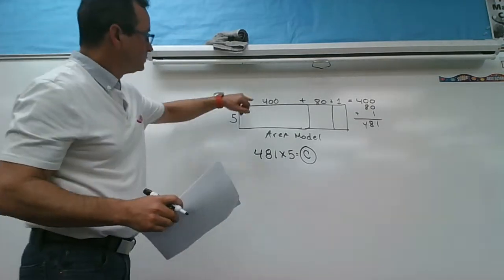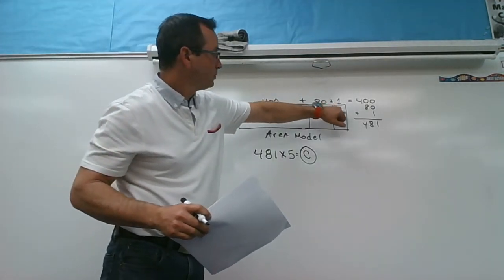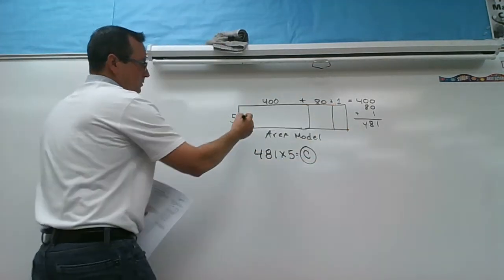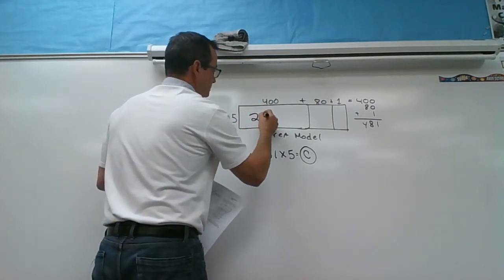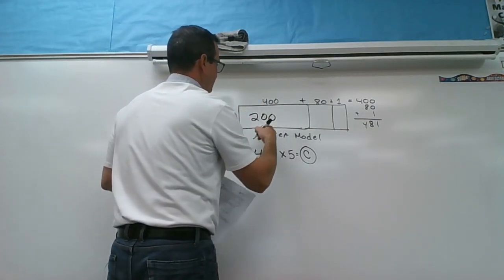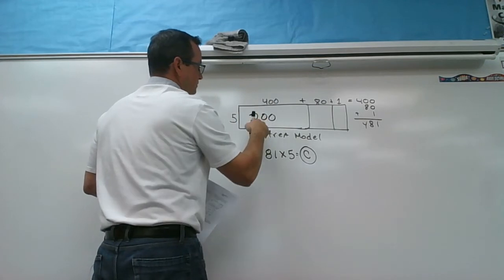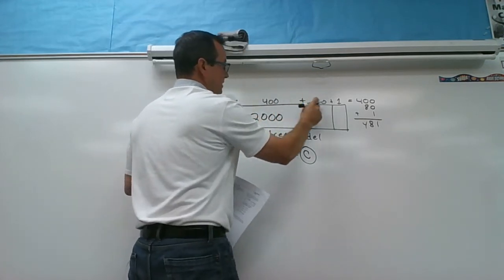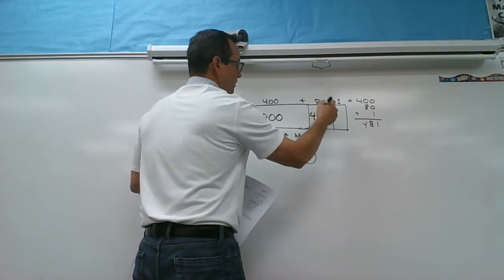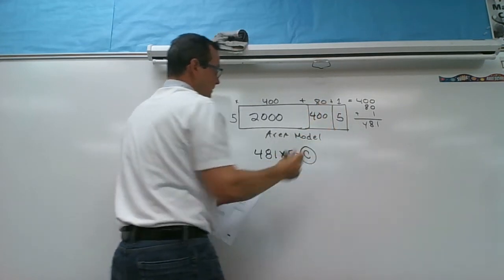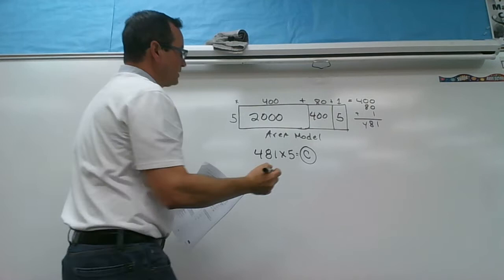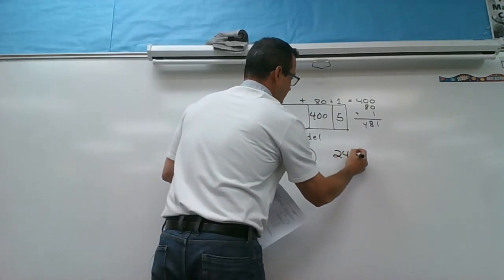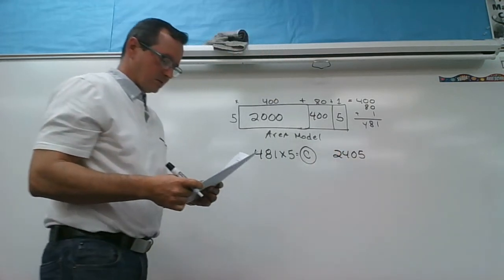Letter C. So 400 plus 80 plus 1 is 481. But if we did the multiplication, we know that we have 2 zeros. So 5 times 4 is 20 plus 2 zeros. 5 times 8 is 40. 5 times 1 is 5. And when we look at the answer, 2,405. Same as letter C.